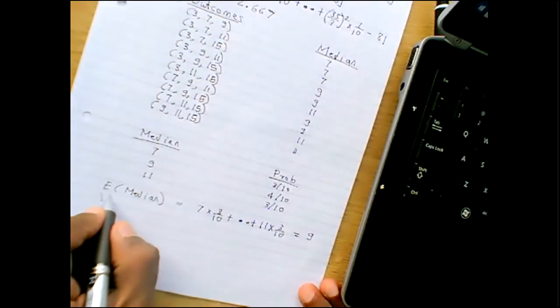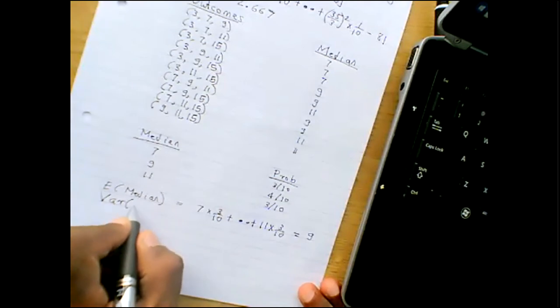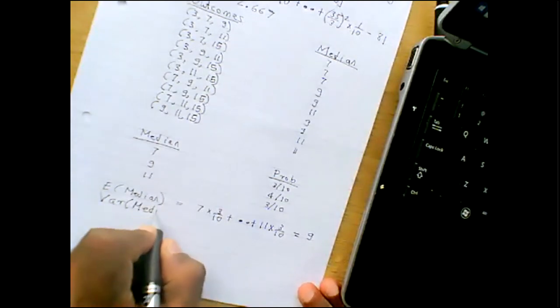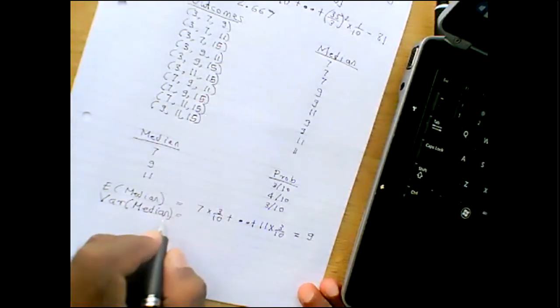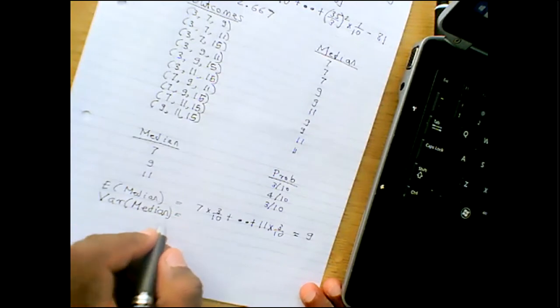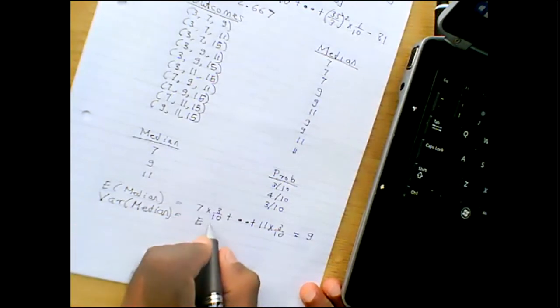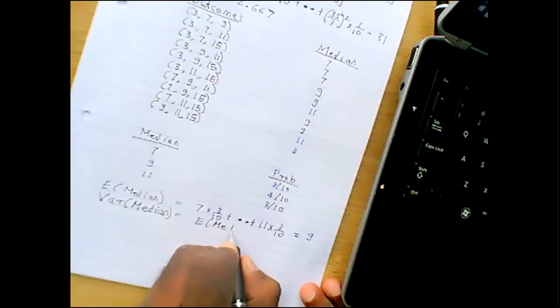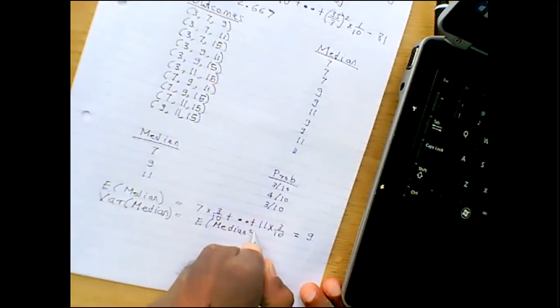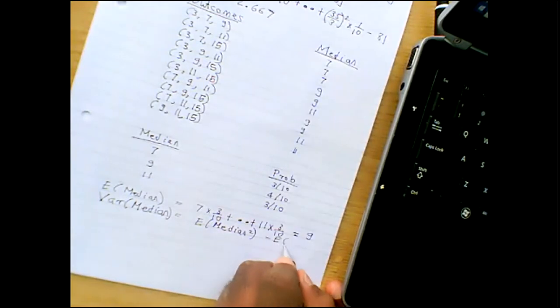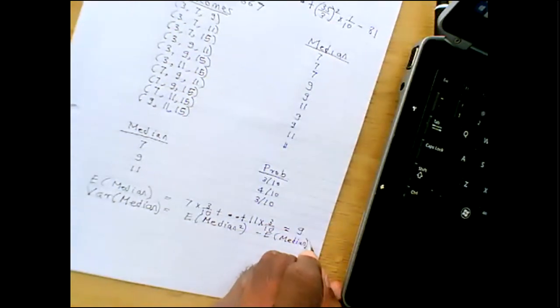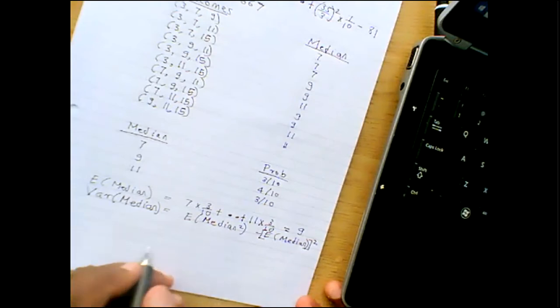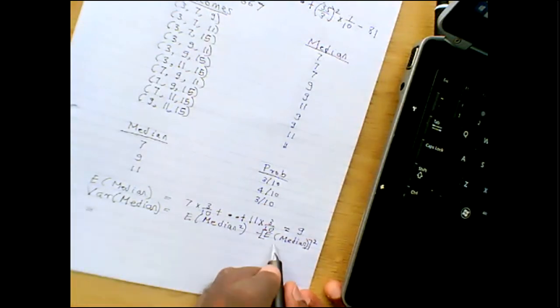And to find the variance of the sample median, you use the same formula that I used before. Now, this one we already know is 9. 9 squared is 81.